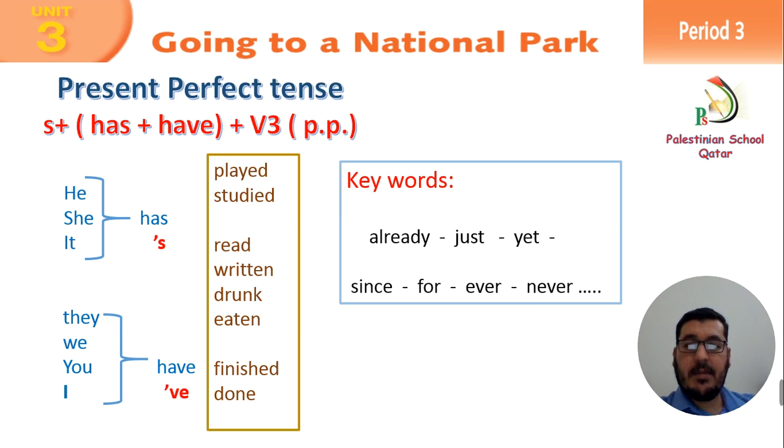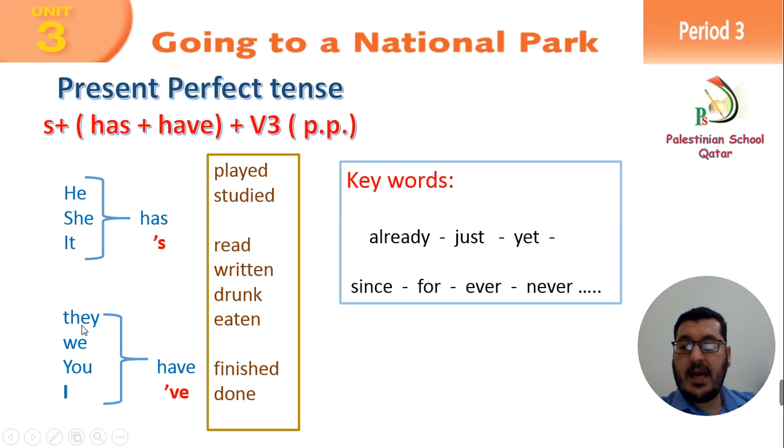Grammar, present perfect tense. The rule is subject, has or have, plus verb 3, or past participle. If we have he, she, or it, we put has, and the short form of has is apostrophe s.